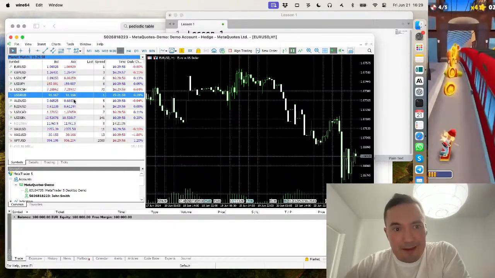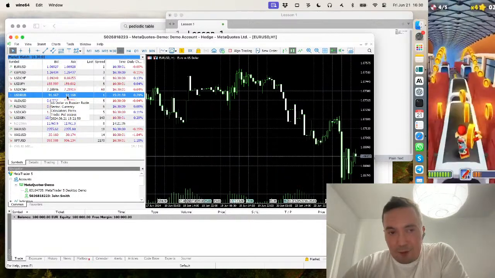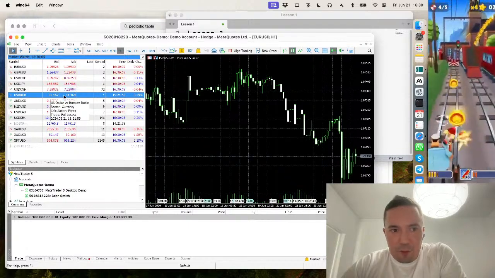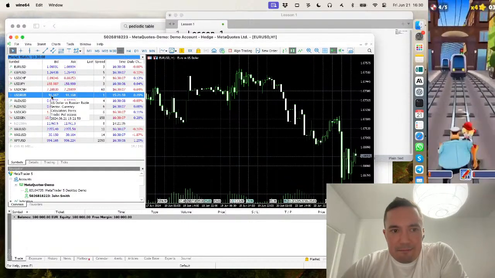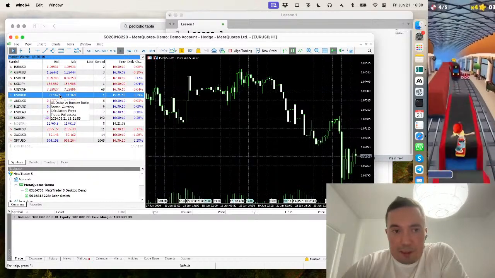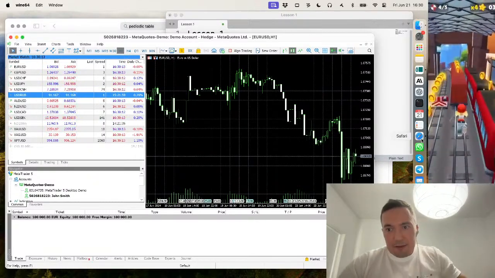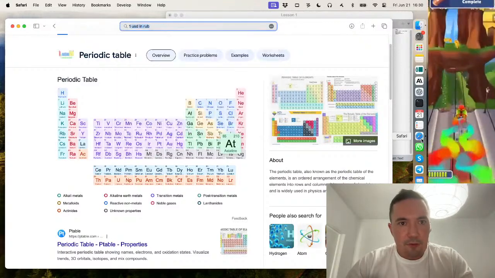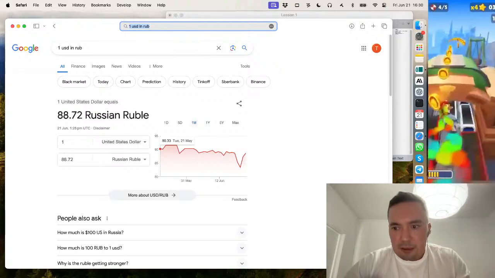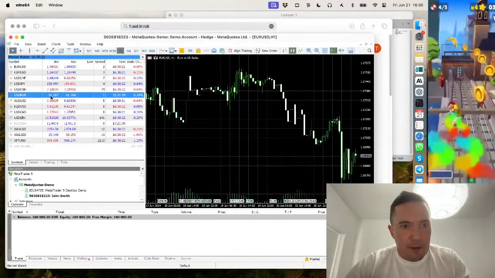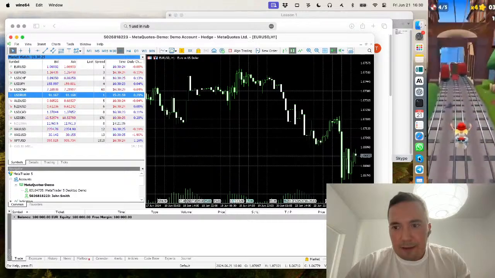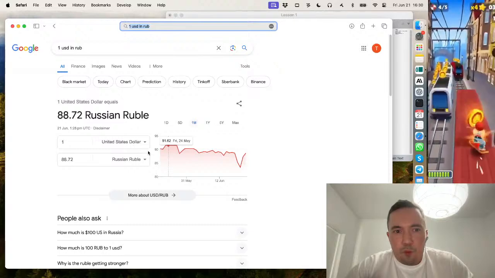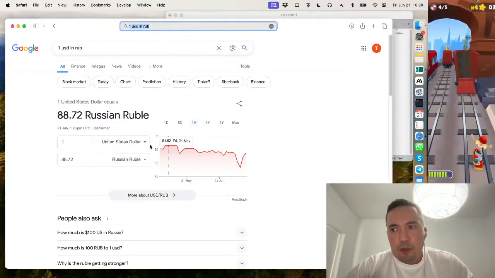And by the way, funny thing, look at this price, right? It's dollar for ruble, and it's completely different from what you would see in any other place, right? So let me see in Google, 1 USD in ruble. It's different, right? 91 rubles here and 88 rubles here. How can it be that different, right?